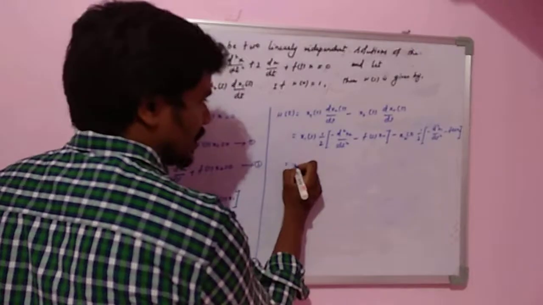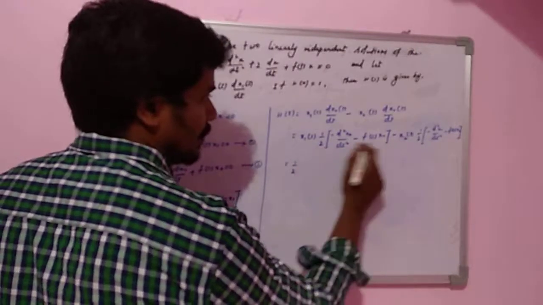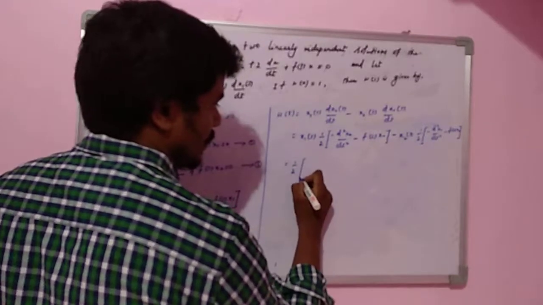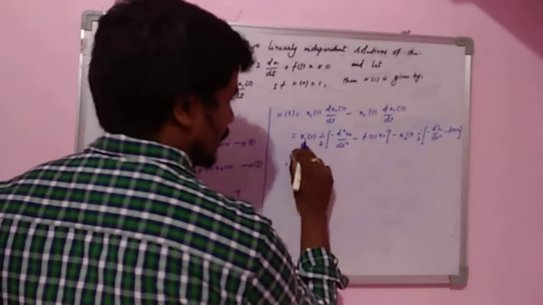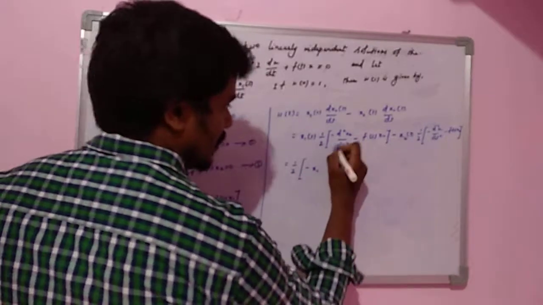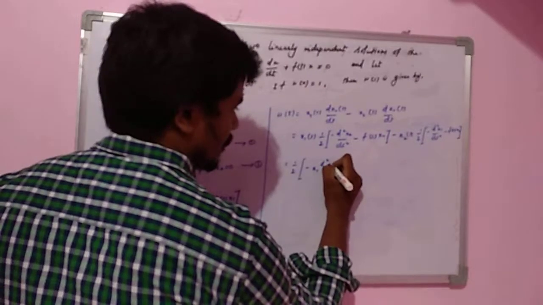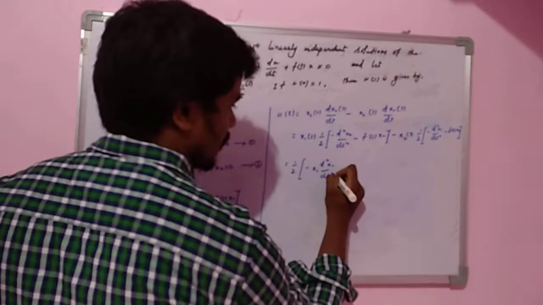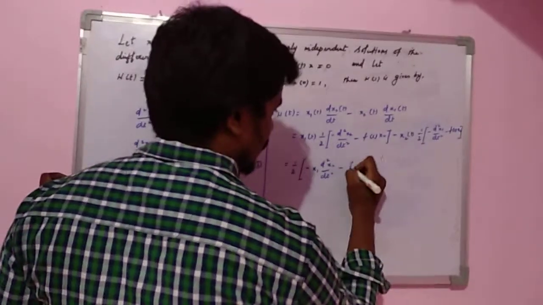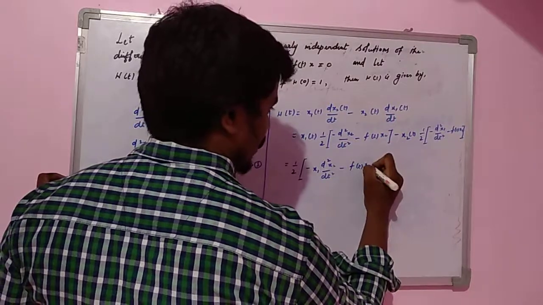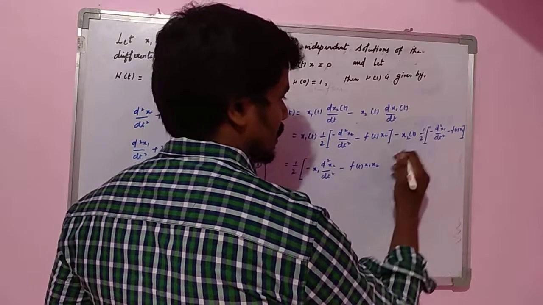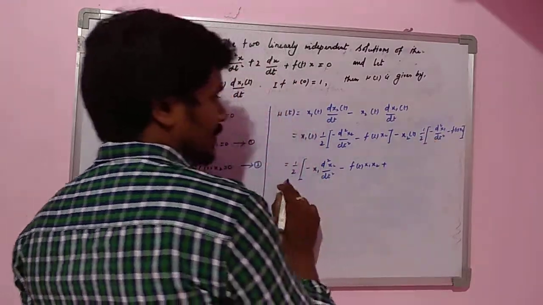Now let's take the common thing out. 1/2 you can take common from these two terms. Then you have to multiply inside everything. Make the big bracket: minus x1 d²x2/dt², which is a function of t only, minus f(t)x1x2. Then outside is minus, and minus into minus is plus; 1/2 is already taken common.